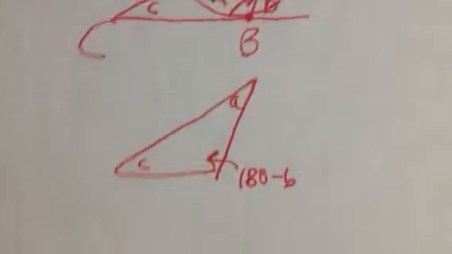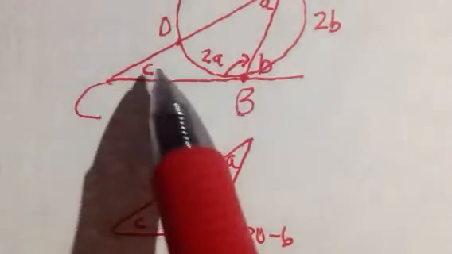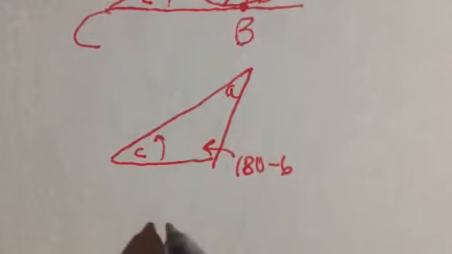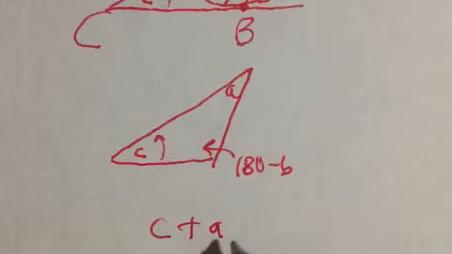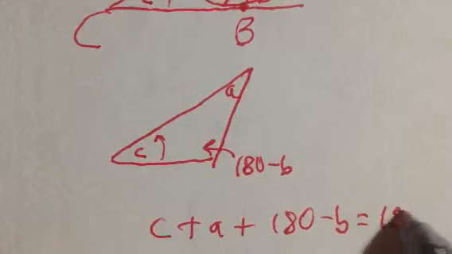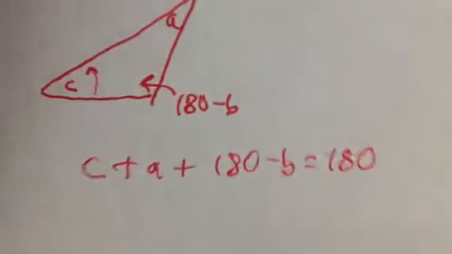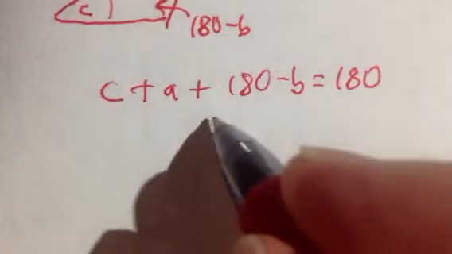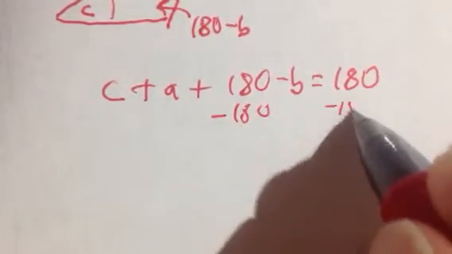Okay? Now we need to find this external angle here, C, the angle that's external to the triangle. We know that C plus A plus now 180 minus B all add up to 180. That's by the triangle sum theorem. We can subtract 180 from both sides.